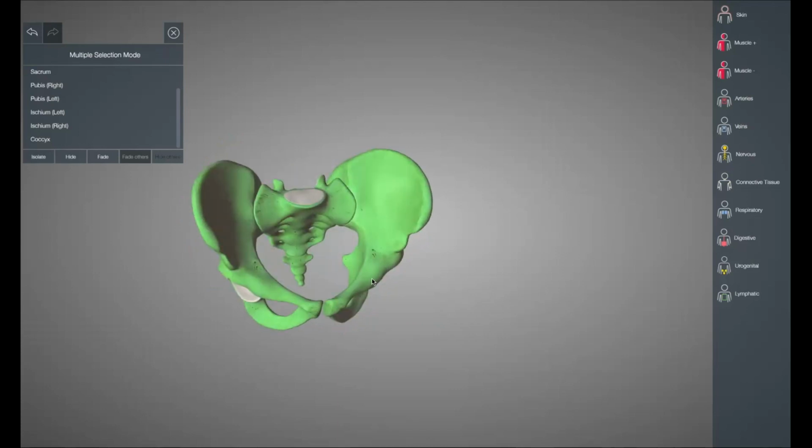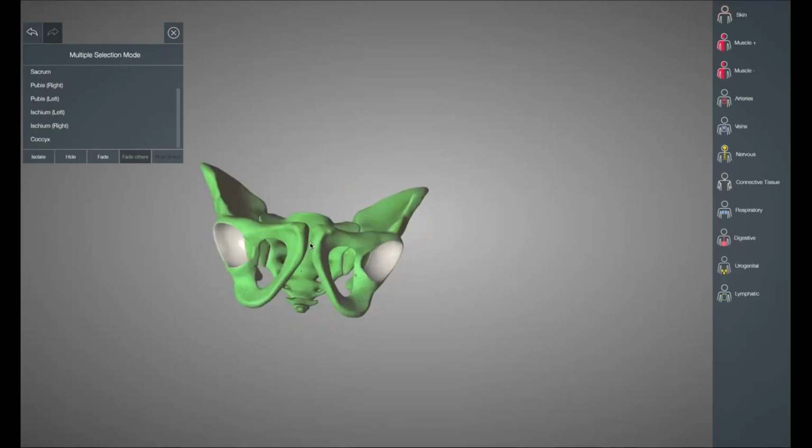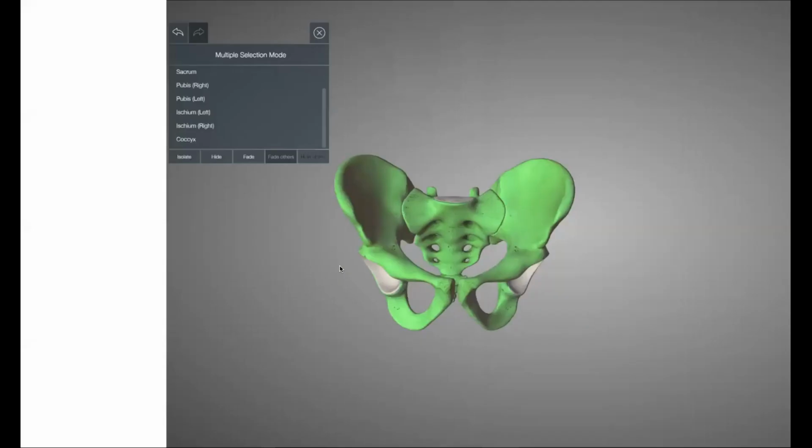Pelvic inlet, and then when I look at the bottom, the pelvic outlet is the circle that exists in this region. Pelvic inlet in this region, pelvic outlet in this region, and I will show you what I mean.